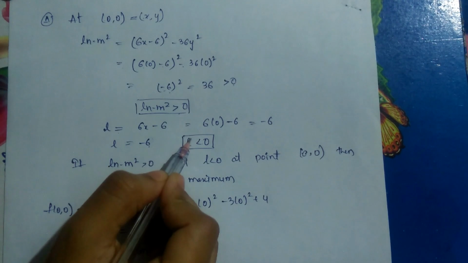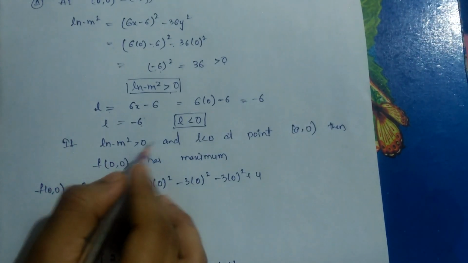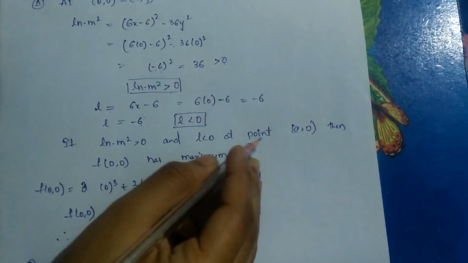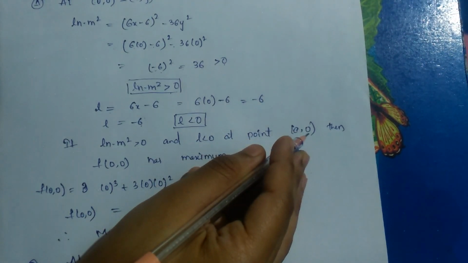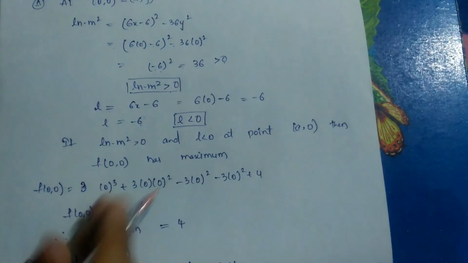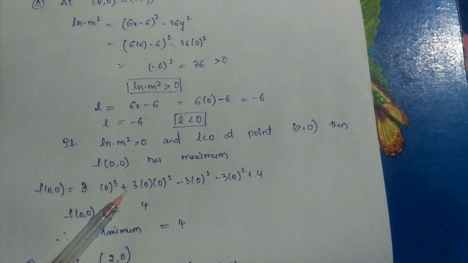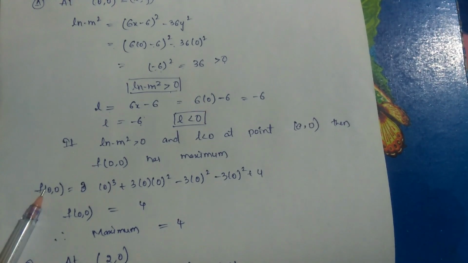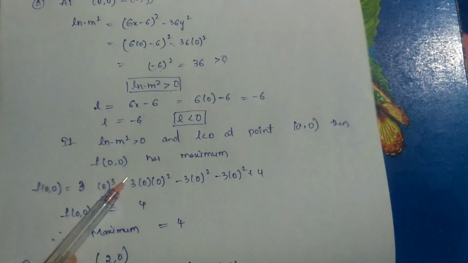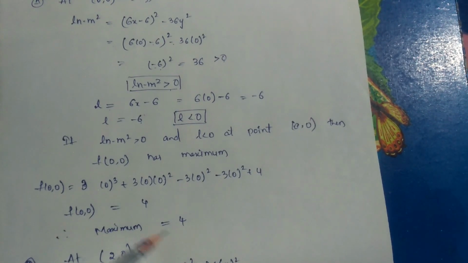By these two conditions, if ln minus m square is greater than 0 and L is less than 0 at the point (0, 0), then f of (0, 0) has the maximum value, and we get that maximum value when we substitute this point in the function f of (x, y). So f of (0, 0), substituting those values here, you get it as 4. So therefore the maximum value is 4.